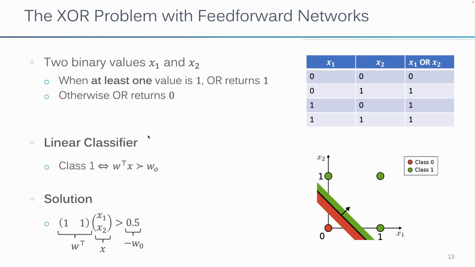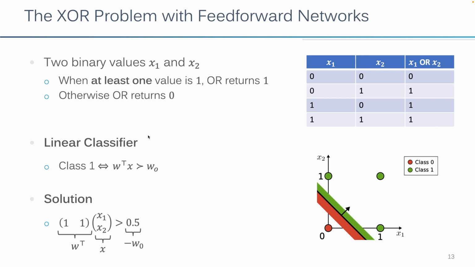Most of you probably know this, but I just want to make sure everyone's on the same page. Logical operations are just operations between binary values in this case. So you have 0 or 1. x1 and x2 can be 0 or 1, so there are 4 combinations: 0,0, 0,1, 1,0, or 1,1. That's all the combinations.